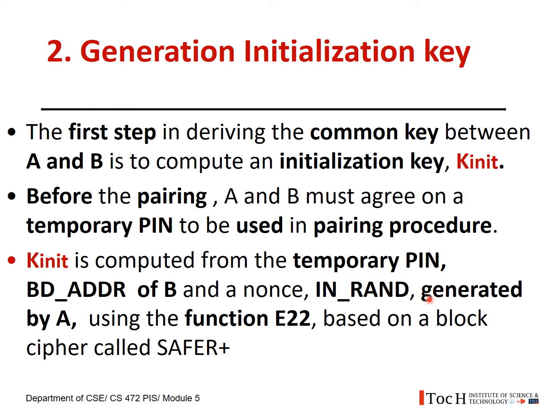We have already mentioned that the computation of the link key is done by a procedure called the pairing procedure. The initialization key, K-init, is computed from the temporary PIN, the Bluetooth device address of B, and a random number generated by A. The function used for computing K-init is called the E22 function, and it is based on the block cipher method called SAFER+.